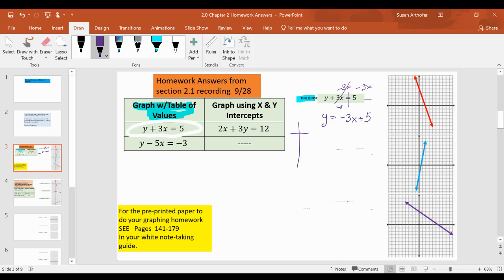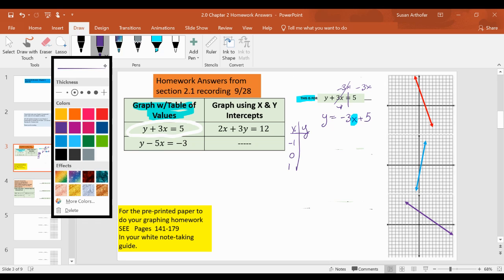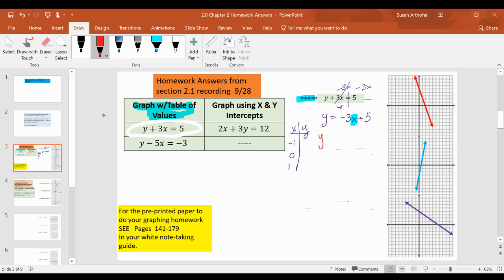And then you were supposed to make a t-chart, and you can choose -1, 0, and 1. And then you take those numbers and you plug them in for the x. So y would equal -3 times something plus 5. We have to do that 3 times for those numbers, right?